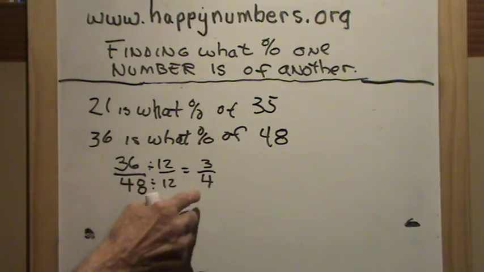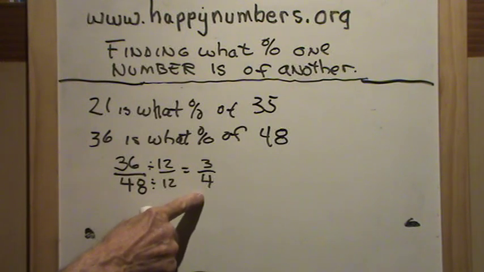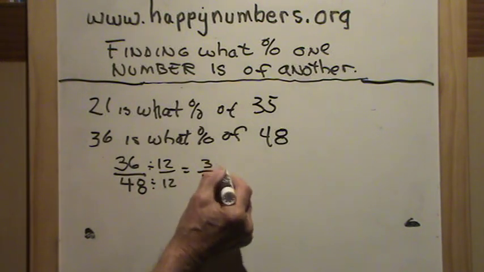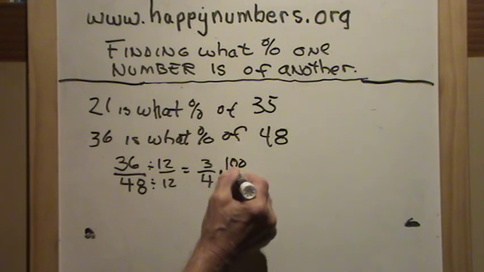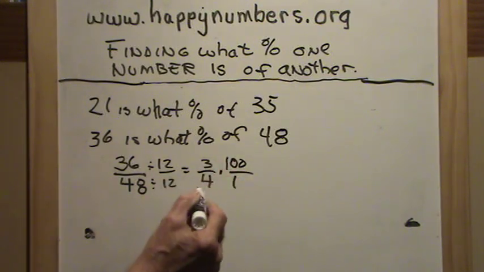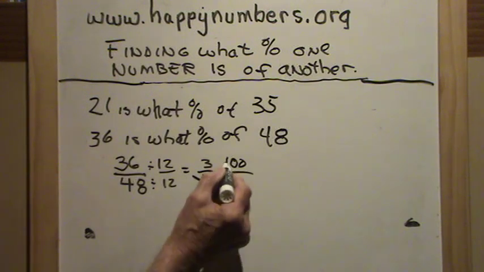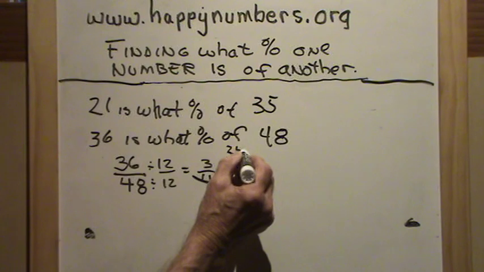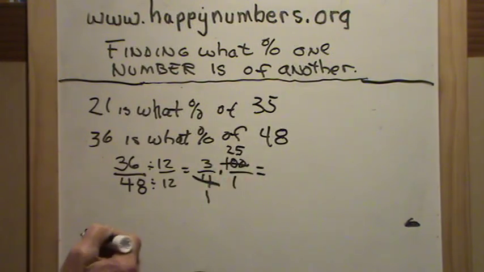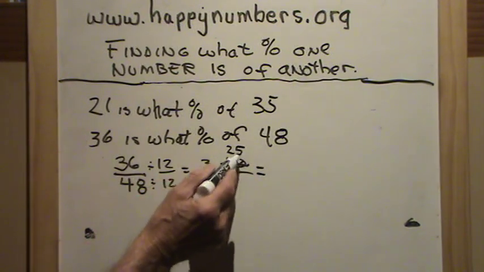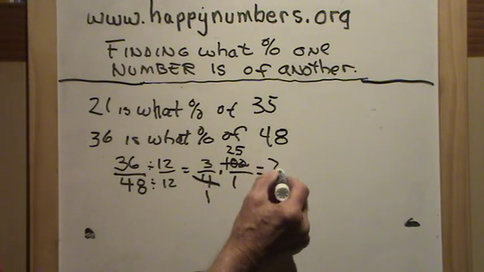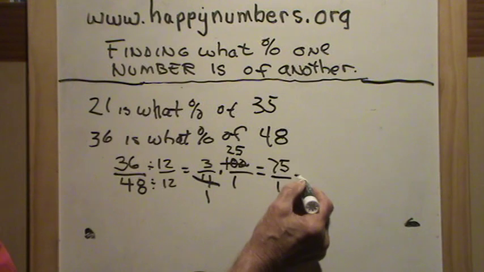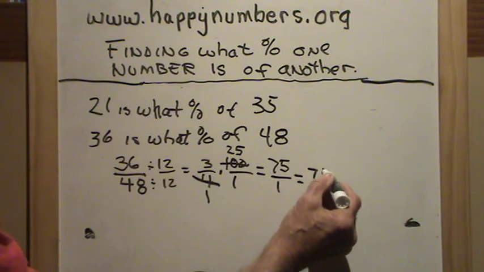Well, I've created the fraction. Since I know that 4 will go evenly into 100, I'm going to use the multiply by 100 method. 4 goes into 4 1 time. 4 goes into 100 25 times. Multiply. 3 times 25 would be 75. Over 1 would be 75%.